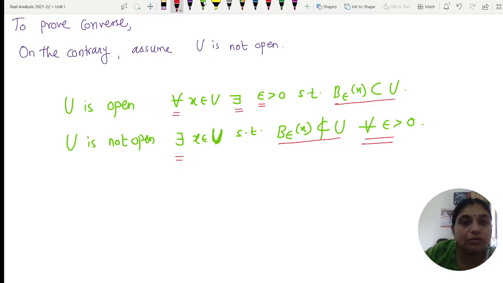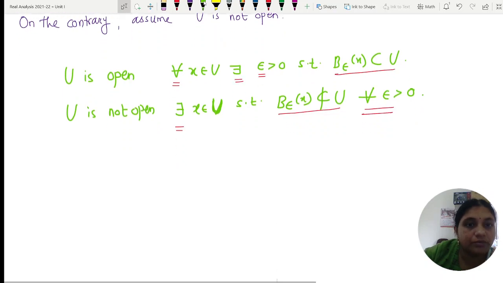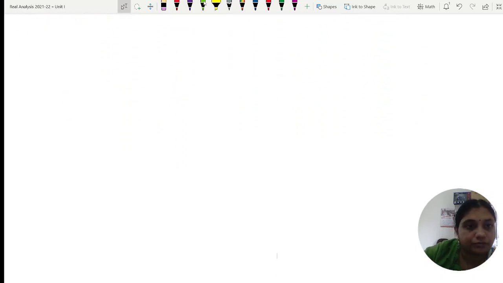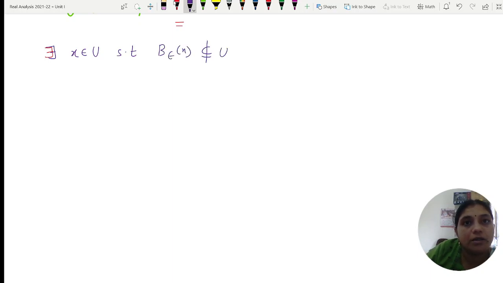Yes. Okay. So now if U is not open, since U is not open, there exists x in U such that B epsilon of x does not contain in U for every epsilon greater than 0.